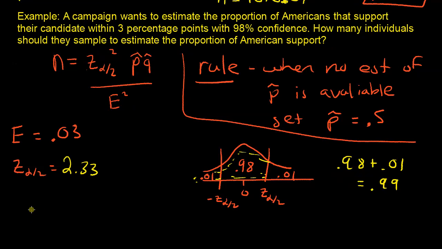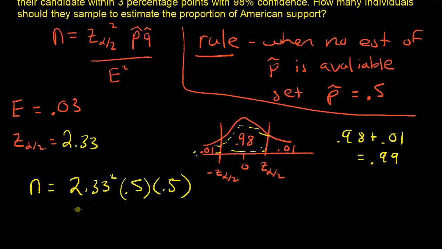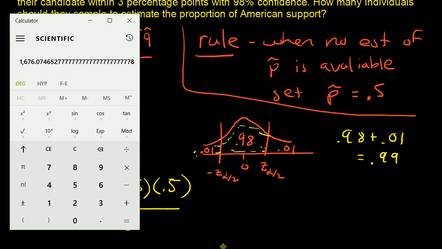Right, so now we're ready to go ahead and calculate n. So it's going to be 2.33 squared times 0.5. Now, if p hat is 0.5, so is q hat. Right, 1 minus 0.5 is 0.5. Okay, divided by e, which is 0.03 squared. So go ahead and pull out your calculator.